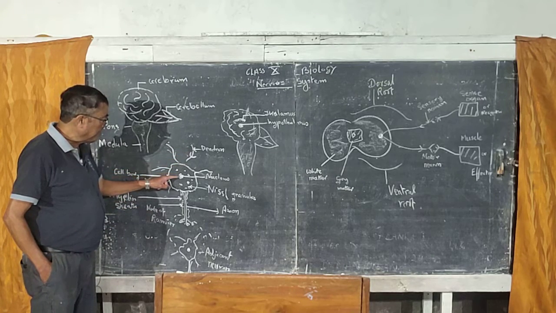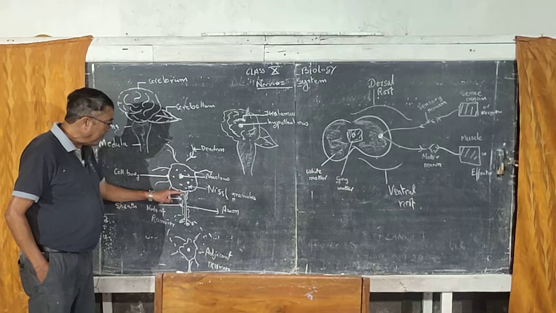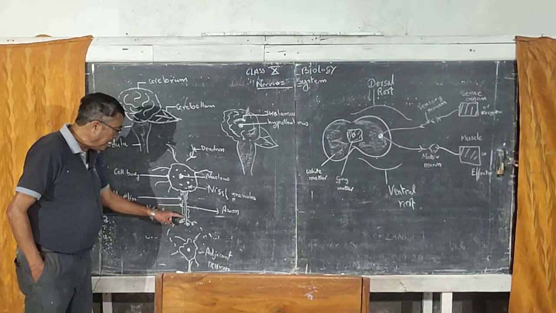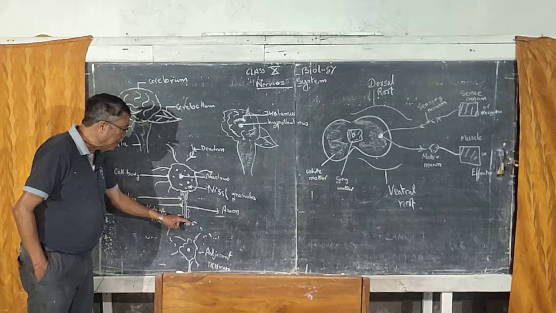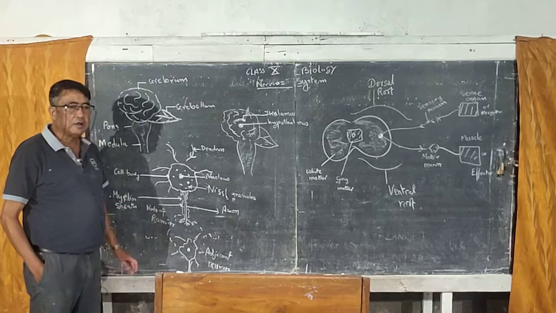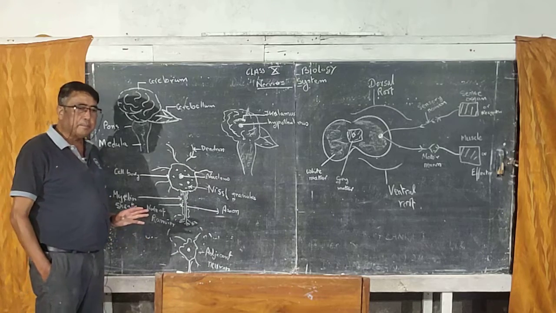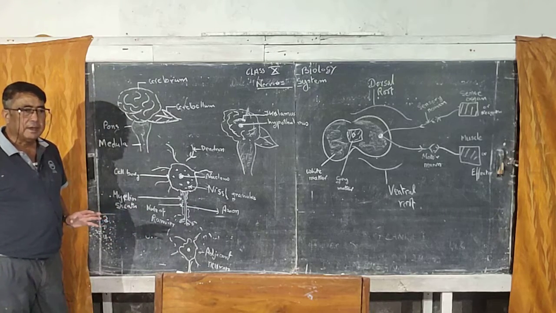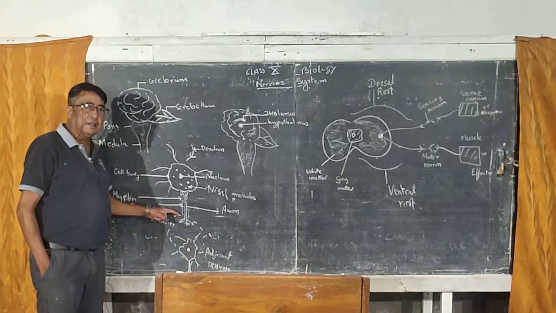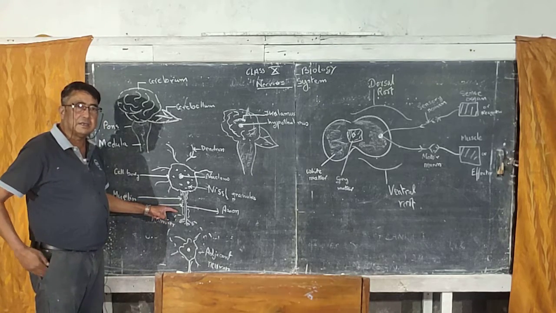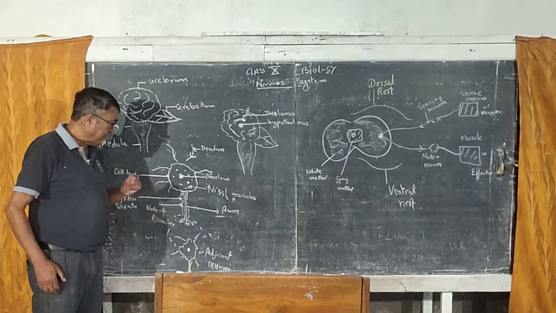The dendron brings impulse towards the cell body, the axon carries impulse away, and this axon ends up with bulb-like structures called presynaptic knobs. Within the presynaptic knob, vesicles are there containing a chemical transmitter called acetylcholine or ACH.